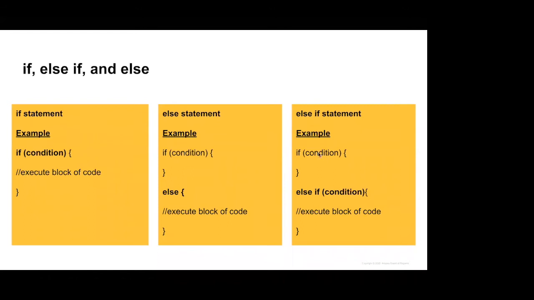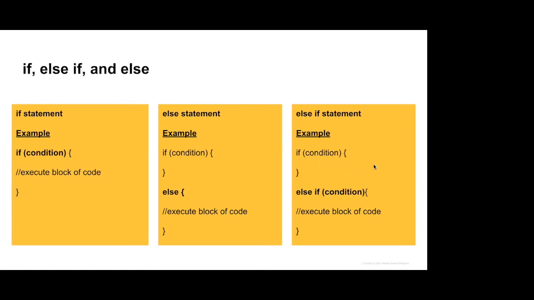And we have the third type of statement, which is the else if statement. So basically it's just a supplement of the if statement. If the if condition is true, then execute the body part of the if.